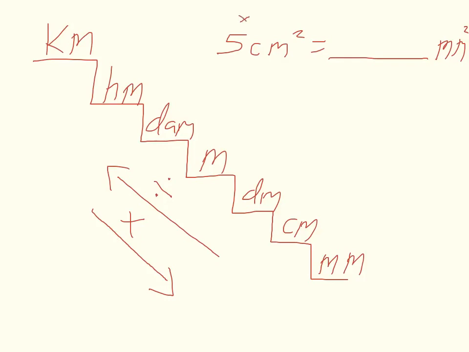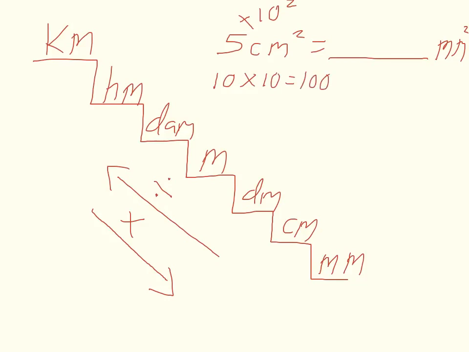So we're going to be doing 5 times. Now we're going down one step, so we're going to be multiplying by 10, but we need to remember that it's not just 10. We're working with squared units, so it's actually going to be 10 squared. So we need to do 5 times 10 squared, and we need to figure out what 10 squared is equal to. From the last slide, if you have 10 squared, you're just doing 10 times 10, which is equal to 100.